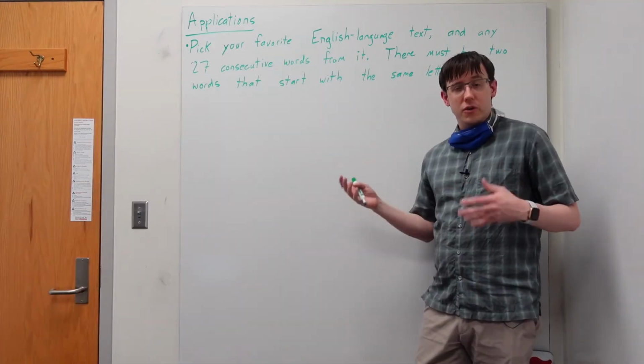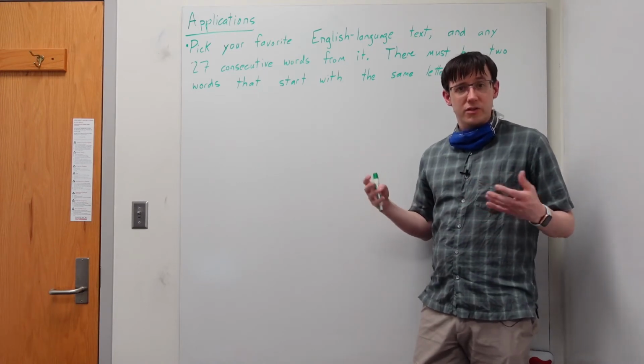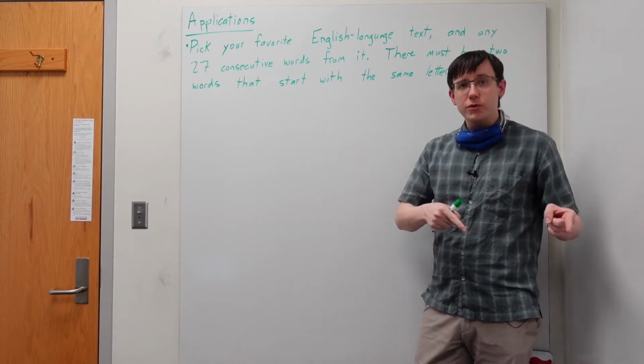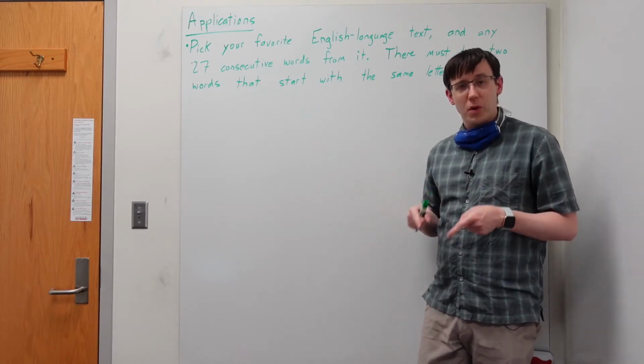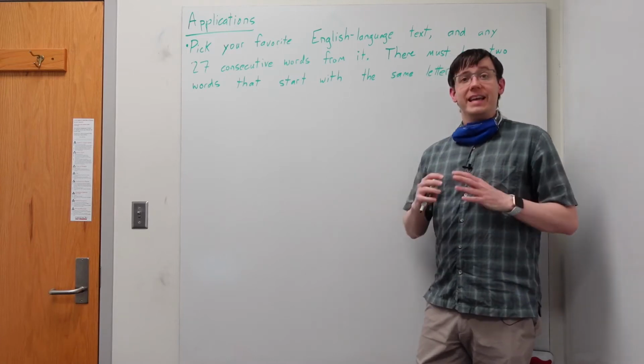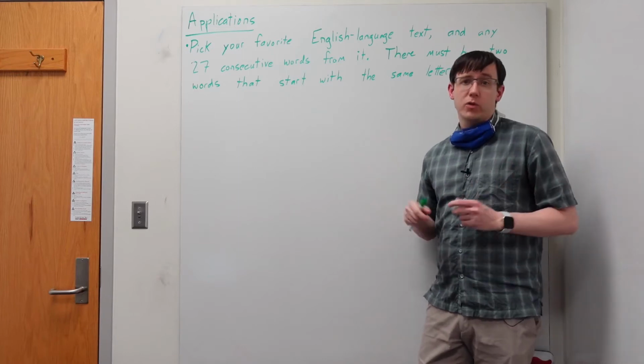Here the pigeons are the 27 words, and the holes are the 26 letters of the English alphabet. And because we have more pigeons than holes, there must be 2 pigeons in the same hole, so there must be 2 words that start with the same letter in any collection of 27 English words, no matter which words we choose.